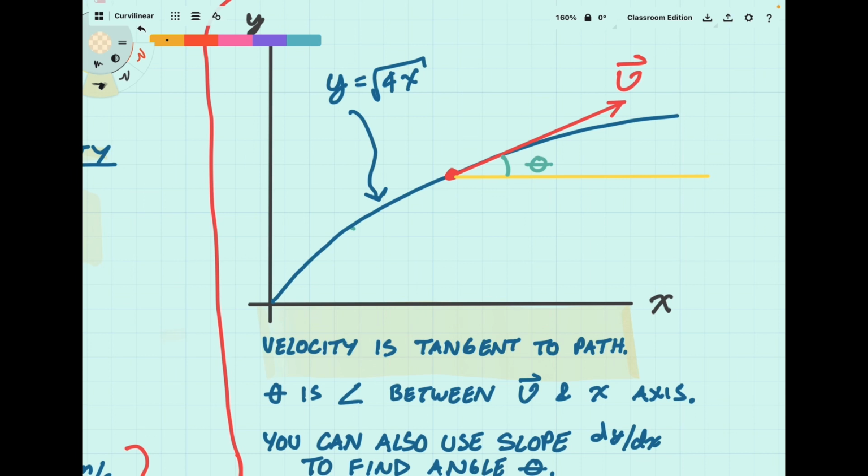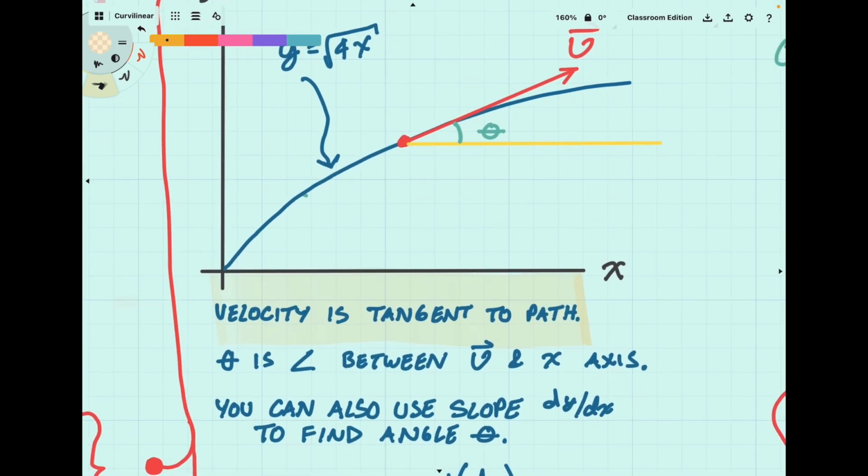Since velocity is tangent to the path, we need to relate it to something if we want an angle. So let's take the angle to the horizontal, which I've got in there as theta. This is the angle between the velocity vector and the horizontal, or the x-axis, or the I unit vector, all the same thing. There's a few ways to do this.